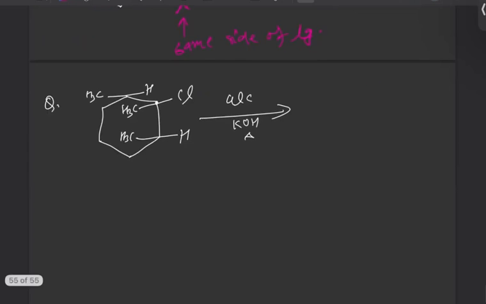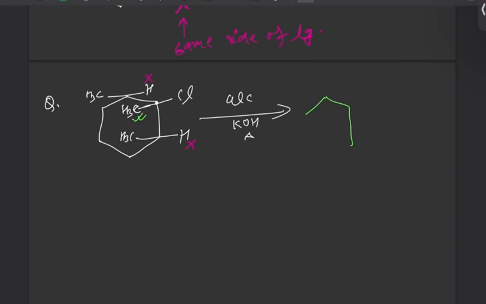Is there a possibility of forming a product? Yeah. From where? The hydrogen from the CH3 attached to the carbon with Cl. Yeah, from here it can form. You are giving the correct answer. From here it is not possible, because this is on the same side. But if you see the CH3 attached here, there is also hydrogen, no? So this hydrogen can give you the product.